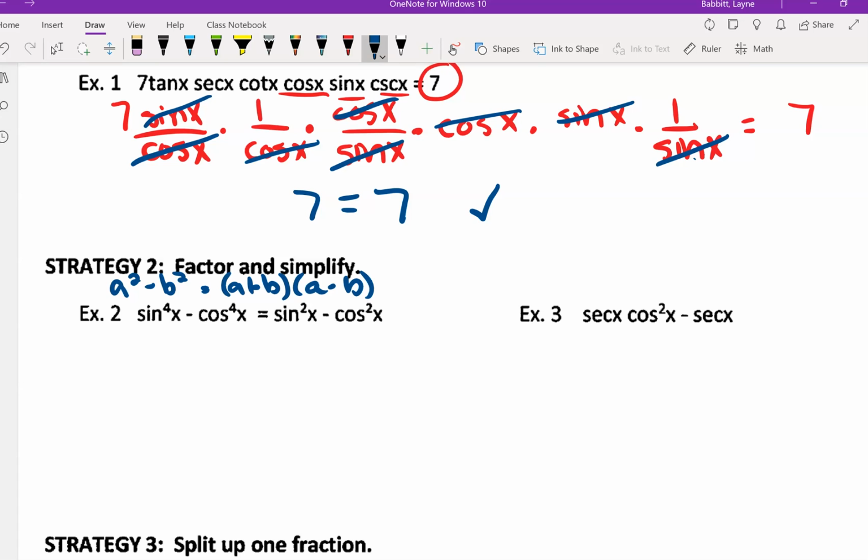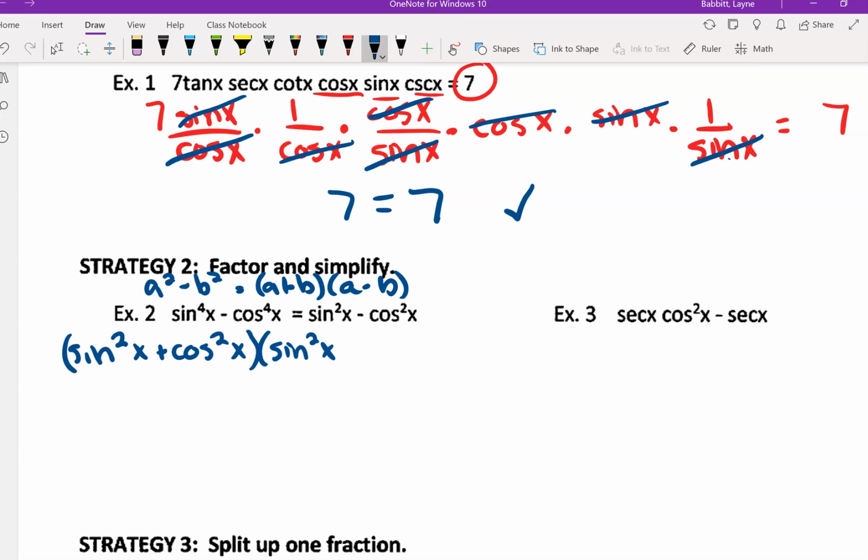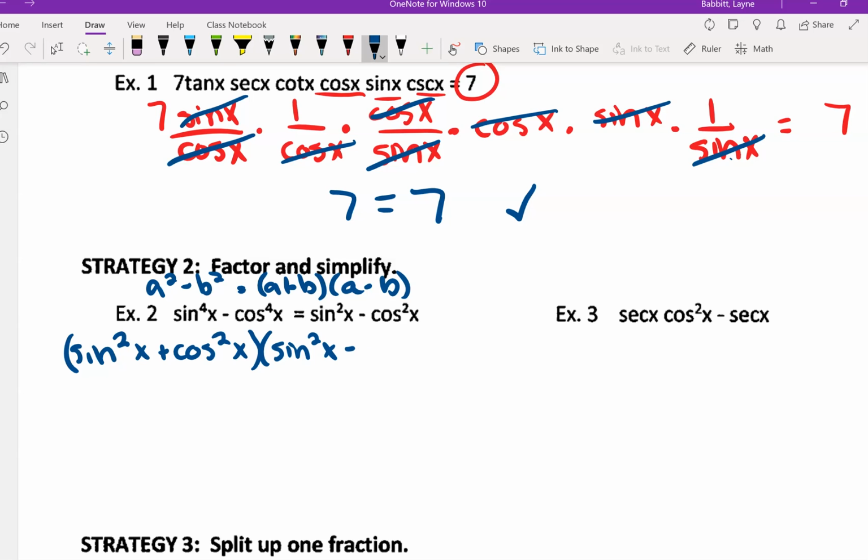That's the formula I'm going to use to factor this. So this will factor to sine squared x plus cosine squared x times sine squared x minus cosine squared x. So that was my difference of perfect squares formula.